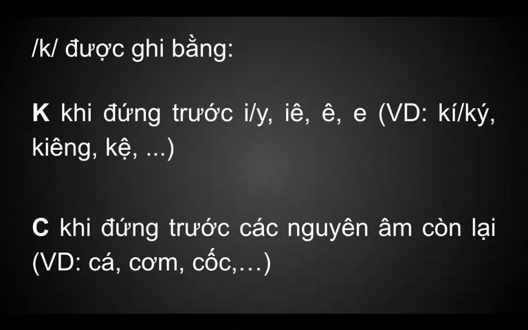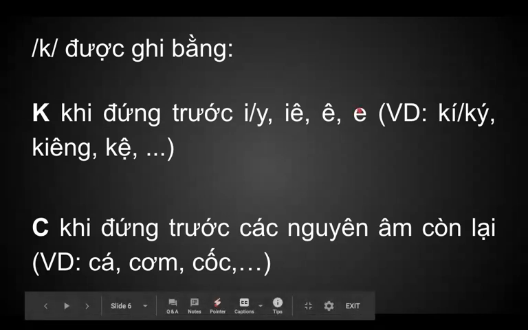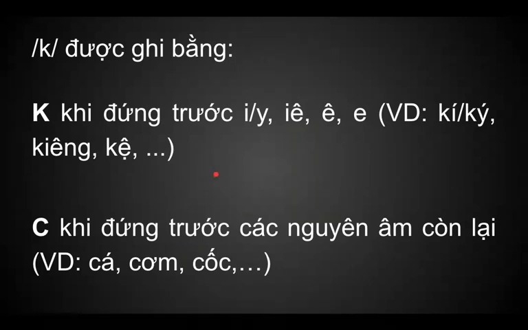Cow, very hard C sound. Cow as in the animal that goes moo. But hear the difference between the Vietnamese cow and the English cow. English cow is very hard. The Vietnamese cow is much softer, right?